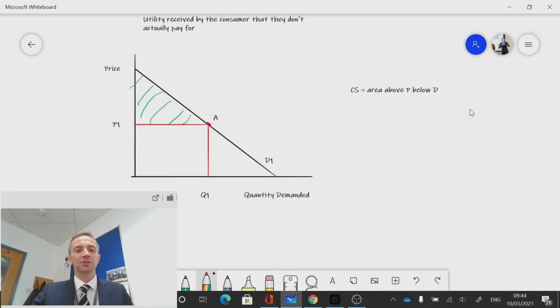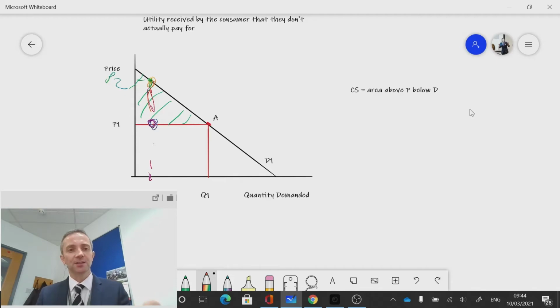How much would the consumer be willing to pay? Well, for the first unit, we would go all the way up to the demand curve, and that would give us the consumer's willingness to pay. So they'd actually be prepared to pay, say, P2. But how much do they actually pay? They're only actually paying P1. And so there's a surplus there. And that, in this instance, is the consumer surplus.